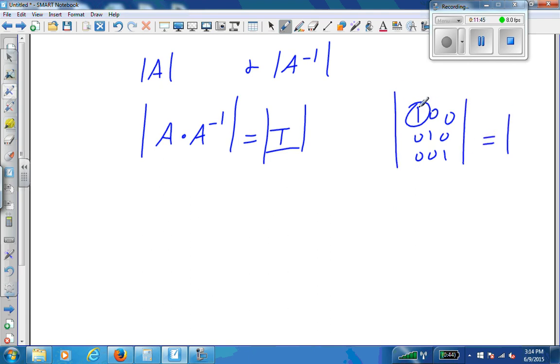Notice if we take this entry times the cofactor, we get 1 times 1 minus 0, which is 1. So the determinant of I is always 1, no matter the size of I. Also, if we take the determinant of a product, we can take the determinant separately.